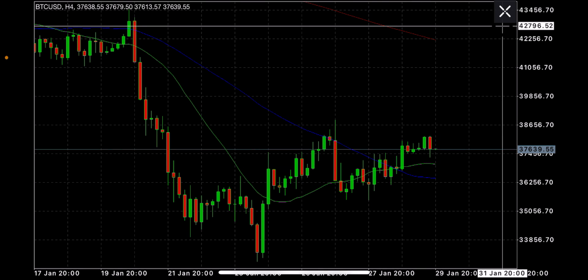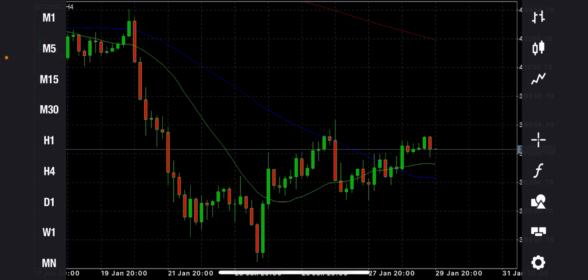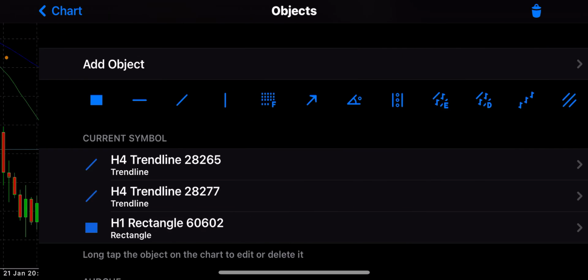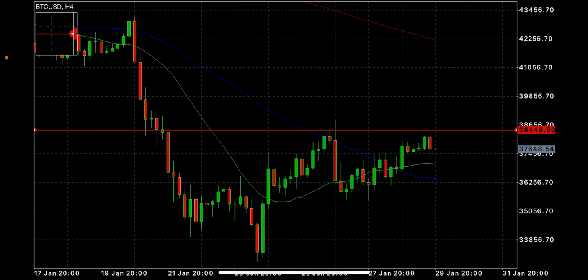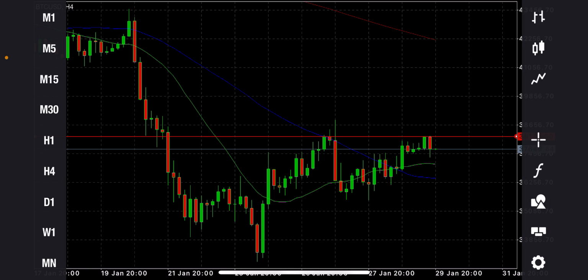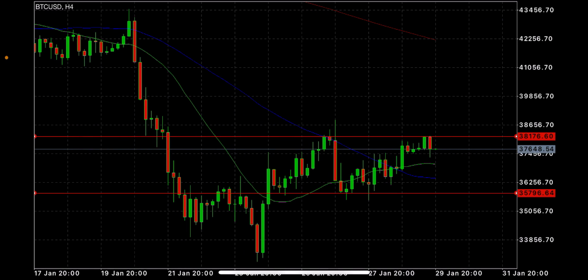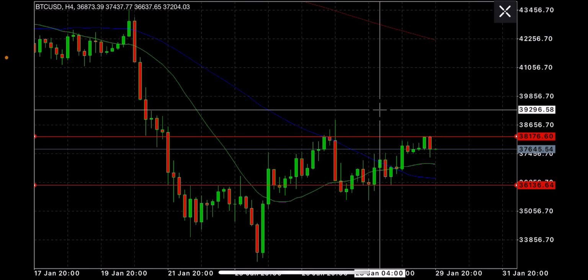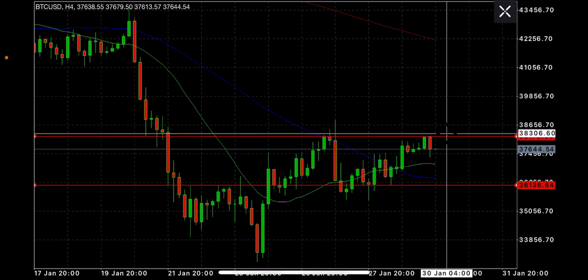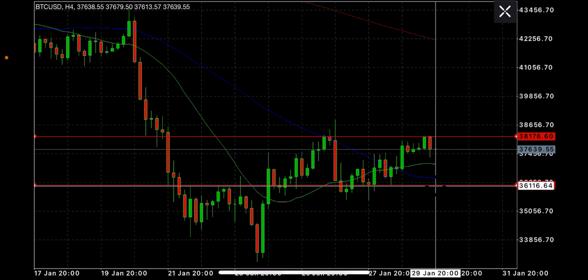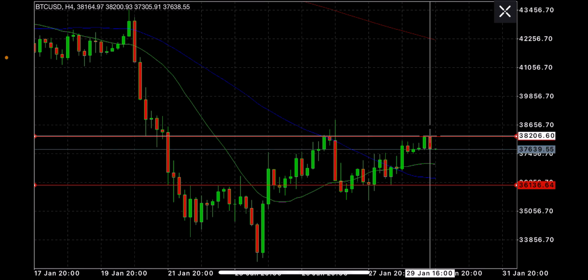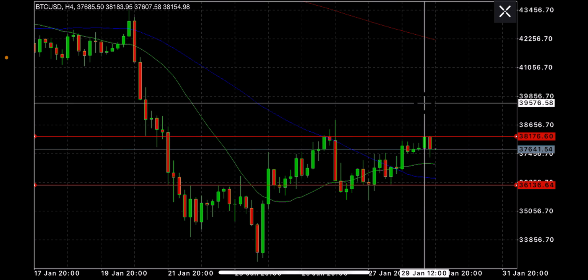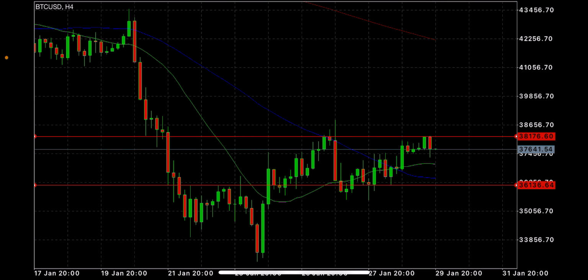In order for us to get a good idea of which way the momentum would go, we will want to see a break in structure. We will want to see a break either above this price point here or a break below this price point here before we would like to safely get into this trade. So keep in mind that the daily lets us know our strength and our 4 hour lets us know our momentum.